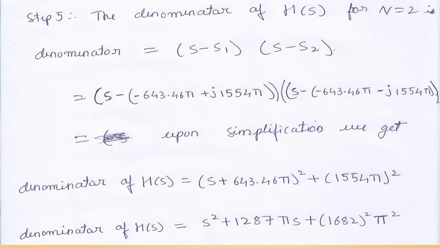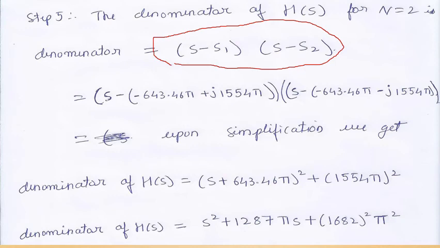Once we have the values of the two poles, the next step would be to compute the denominator of H of s for order 2. And for order 2, the denominator is given as (s minus s1) multiplied by (s minus s2). So in this equation, now we need to substitute the two poles obtained in the previous step.